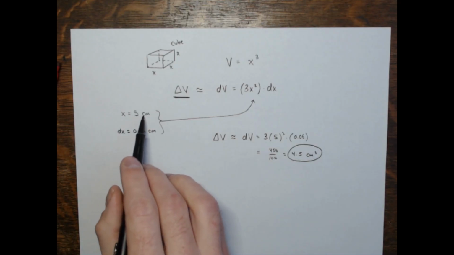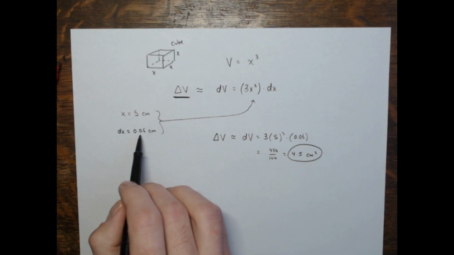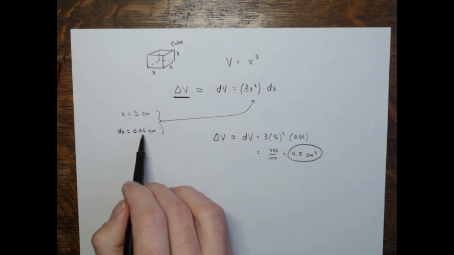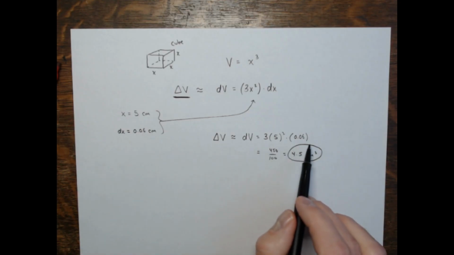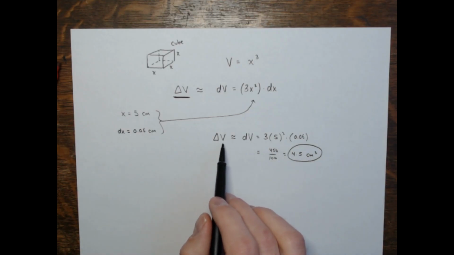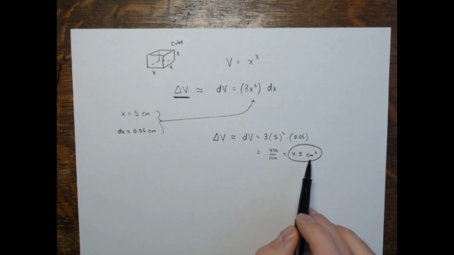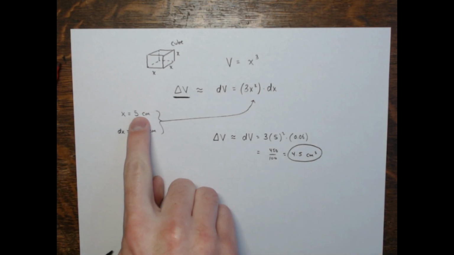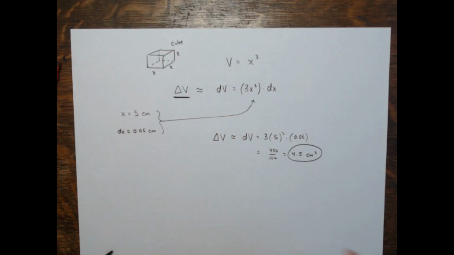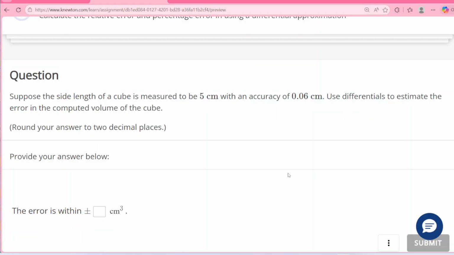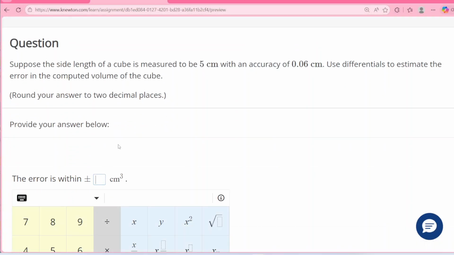If my measurement of 5 centimeters for the side lengths was off by 6 hundredths of a centimeter, then our error in the volume, how much we're off in the volume measurement, could be as much as 4.5 cubic centimeters, plus or minus, because you could increase the side length by 0.06 or decrease it by 0.06. So that's why they got the plus or minus here. They say round to 2 decimal places, but that's exactly 4.5, so 4.50.